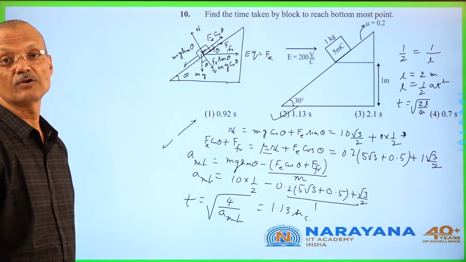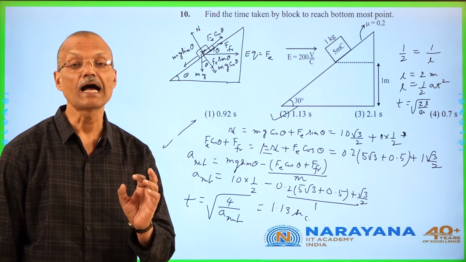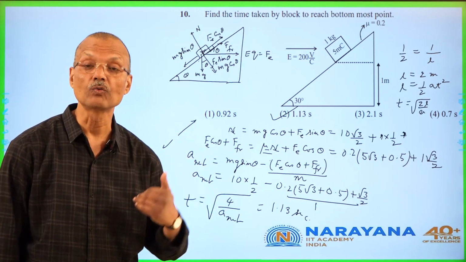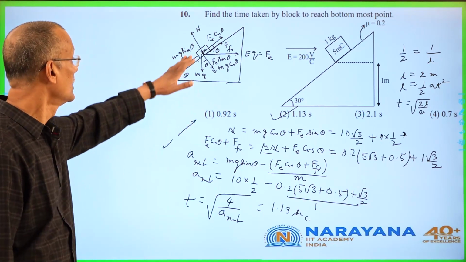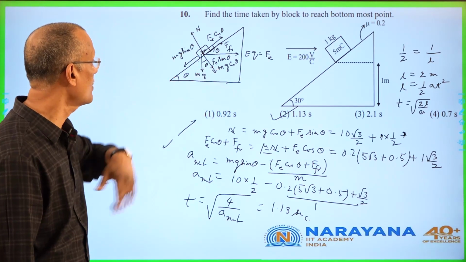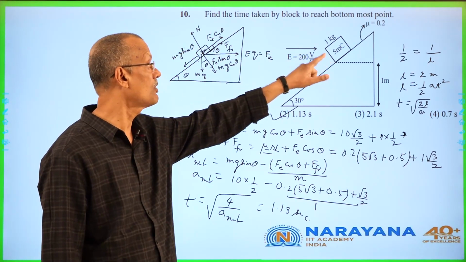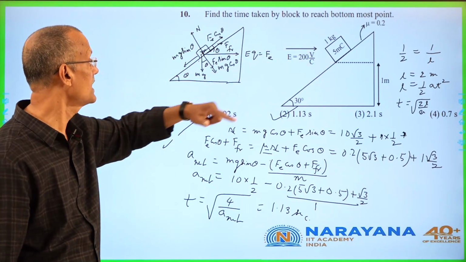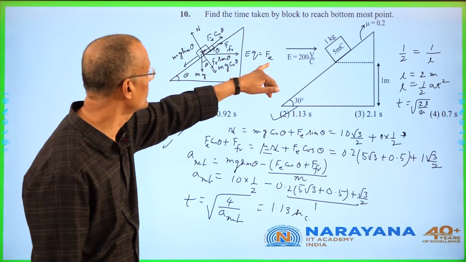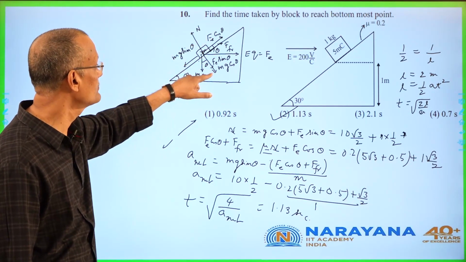For solving this kind of problem, the most important factor is that you have to get the net acceleration acting on the block along the inclined plane in the downward direction. Here downward you have mg sin theta, here you have mg cos theta, and here is the normal reaction, because it is a charged body present in a horizontal electric field. So in this direction F is acting, which is equal to EQ, and it will have components Fe cos theta and Fe sin theta.